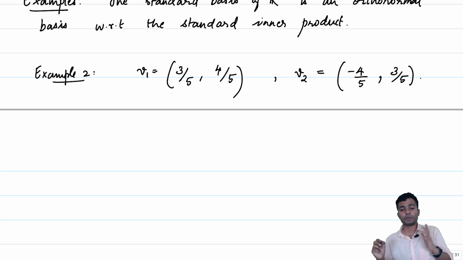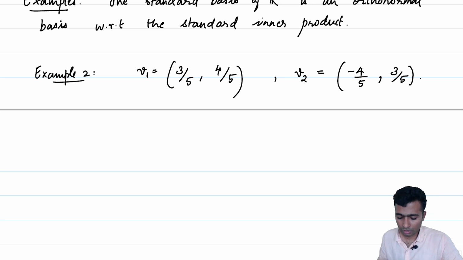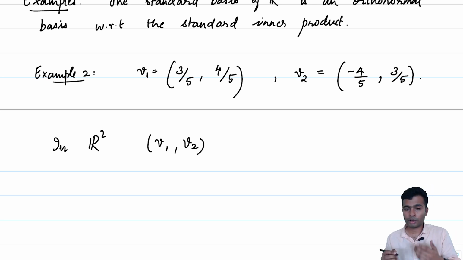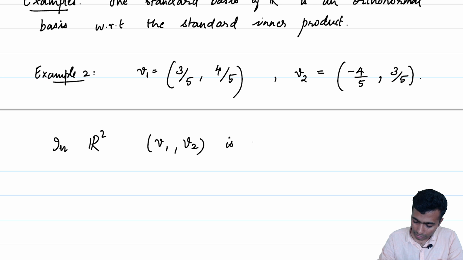You can check that V2 also has length 1. And it is immediate to see that in R2, V1 and V2 form an orthonormal set, and therefore it is linearly independent. Dimension of R2 is 2 and any linearly independent set of size 2 is a basis. So, this is an orthonormal basis.